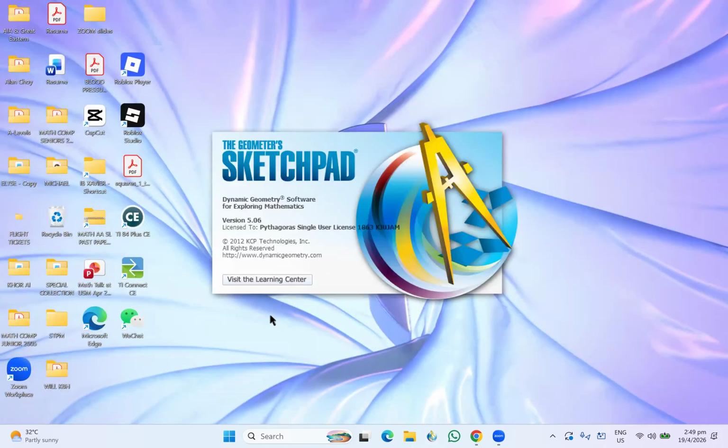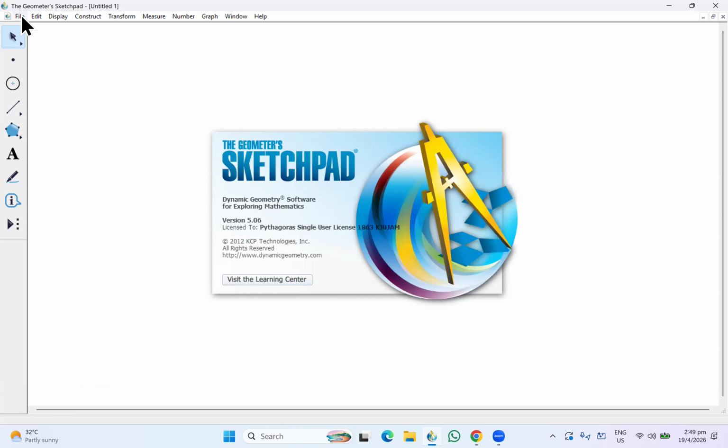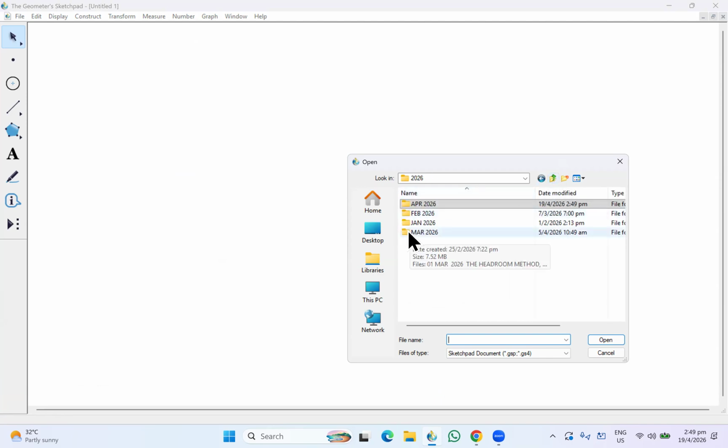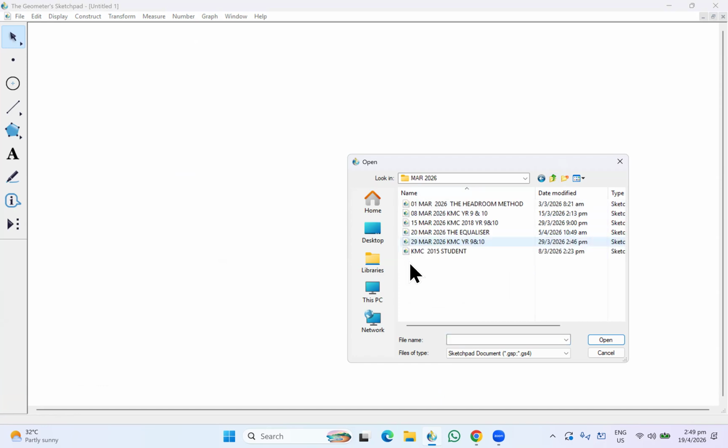Then I open. I want to do the equalizer. Have I done the equalizer before? You all remember? Equalizer is a very nice question. Let's try the equalizer.